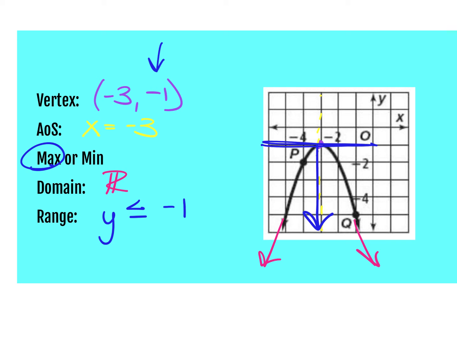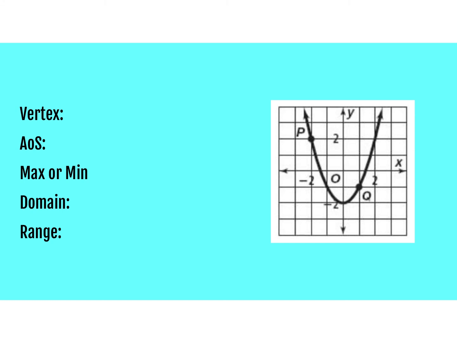Now for the last one, I'm going to switch it up a little bit. Let's say that the graph ends here. So we're going to treat this a little bit differently. So those arrows aren't there. Okay, we're stopping there.